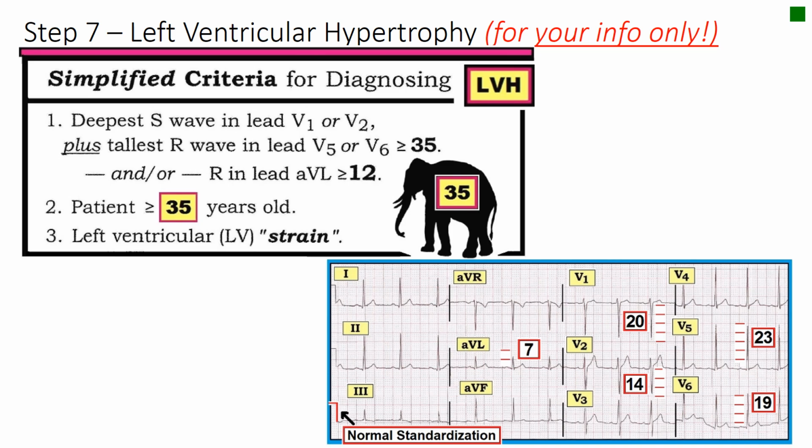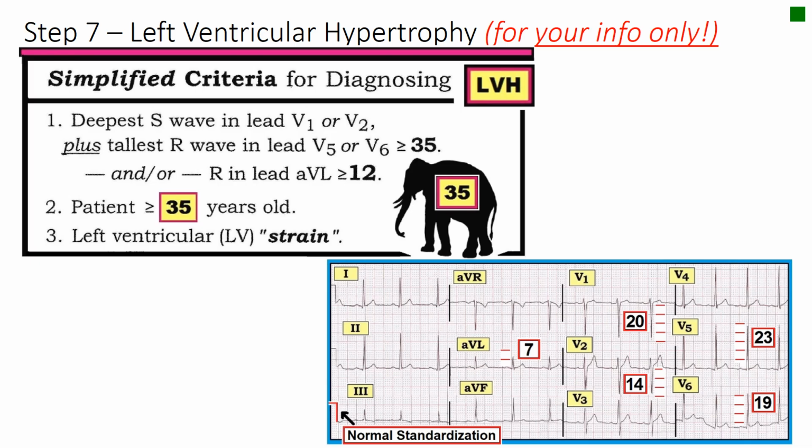Okay, so basically in this diagram you've got 20 small squares in V1 as opposed to 14 in V2. So you take the bigger of the two, that's the 20, add that to the tallest R wave in V5 and V6, and that's in V5, that's got 23 small squares.